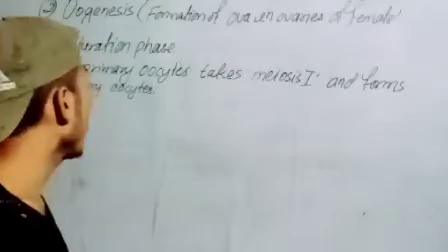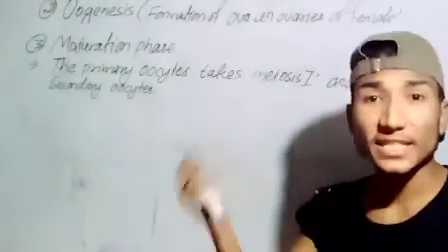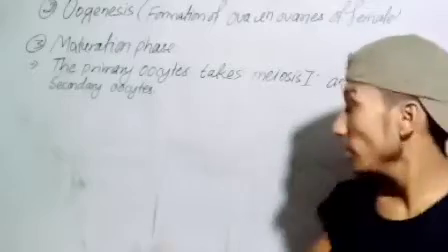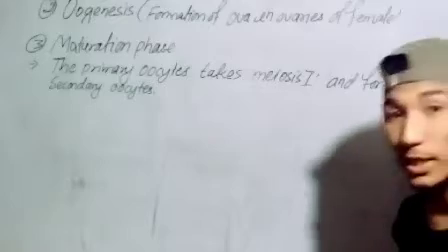Similarly, in the spermatogonia, the primary spermatocytes undergo meiosis first, and it gives the secondary spermatocytes. Similarly, in this phase also, the primary oocyte undergoes meiosis first and gives the secondary oocytes. The primary oocyte divides unequally in shape or size.